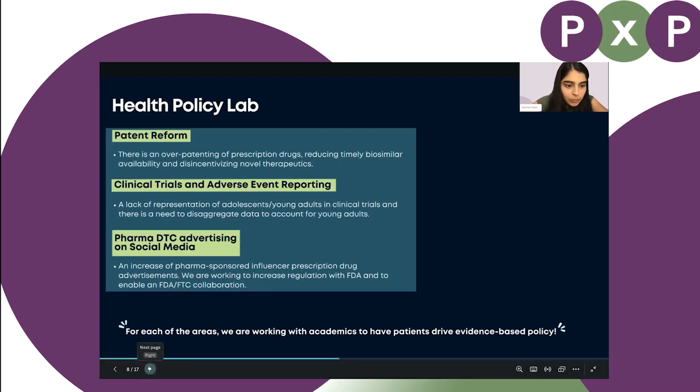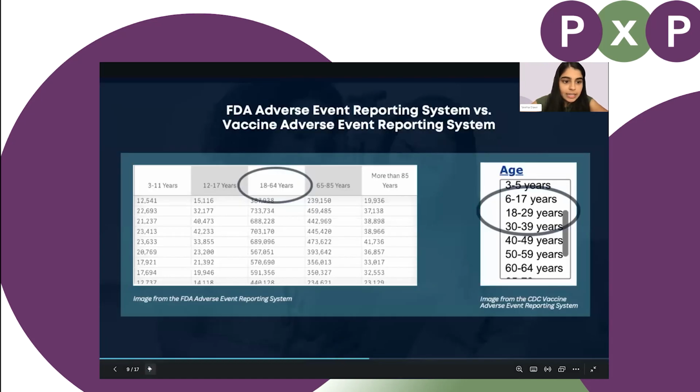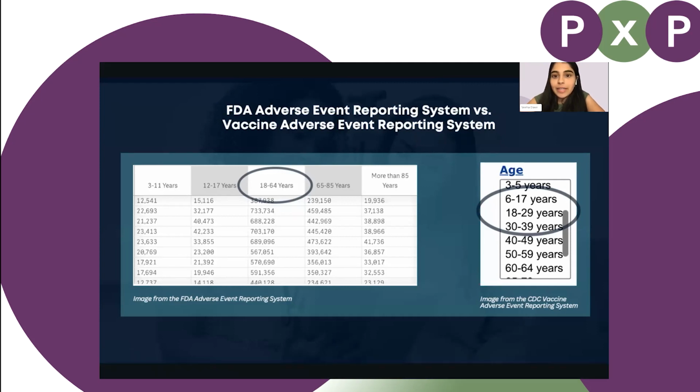And so I'm just going to share really quickly, go to the next slide, why we are focused on clinical trials and adverse event reporting, and why we're doing studies in specific disease areas that really affect young adults differently. So a huge area that we recognize is this global lack of consensus for what really constitutes a young adult within regulatory agencies here in the United States and also abroad.